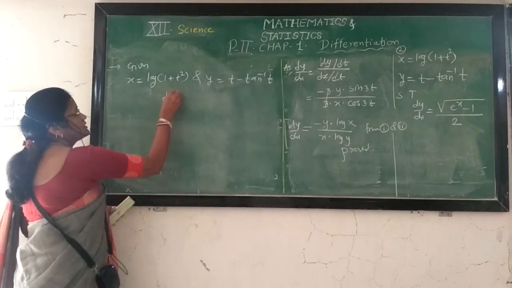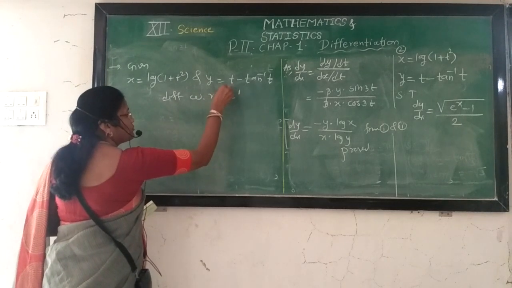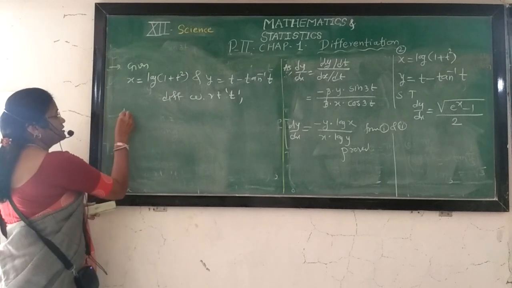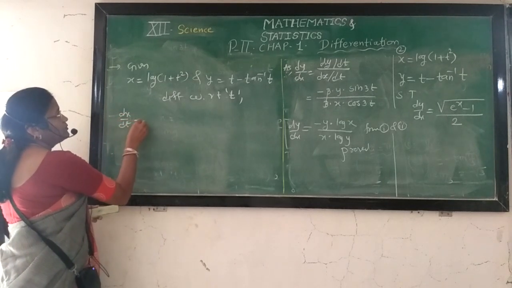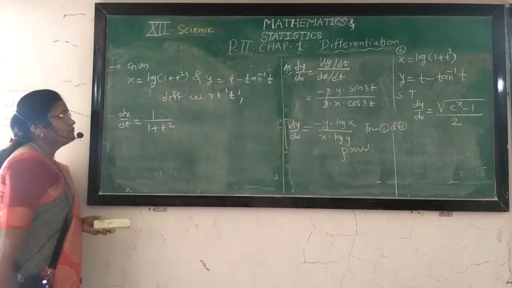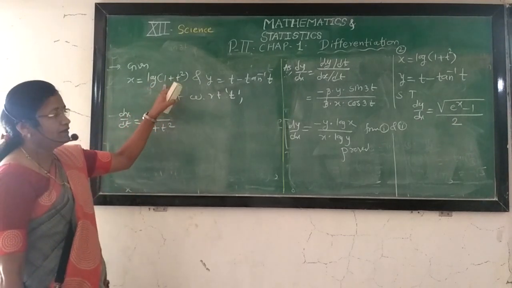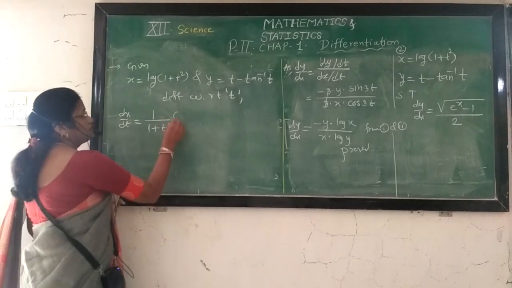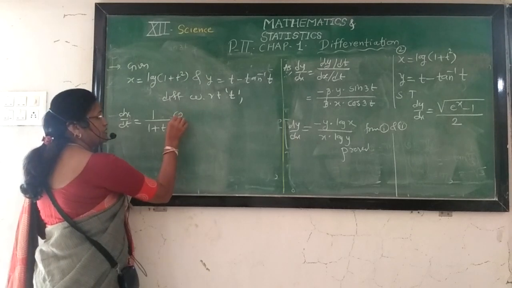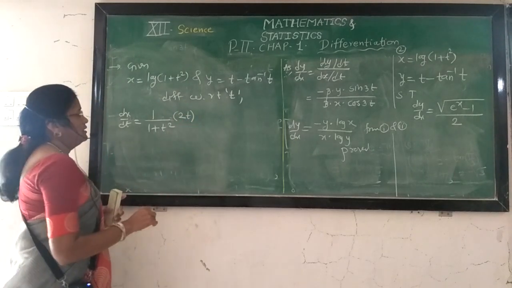Now, differentiation with respect to t for both x and y. First dx by dt: the derivative of log gives 1 upon 1 plus t square, and then we find the derivative of 1 plus t square, that is, the derivative of 1 is 0, plus the derivative of t square with respect to t, that is 2t.